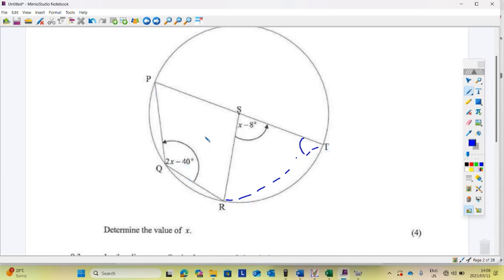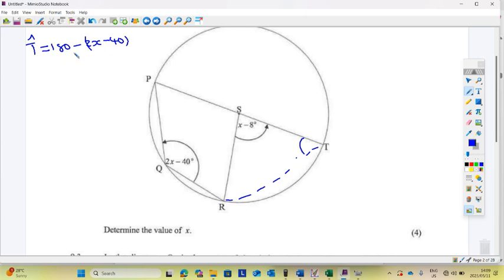So this angle here is opposite that angle. So we are saying angle T here is equal to 180 minus (2x minus 40).